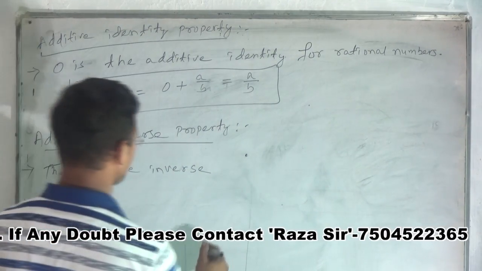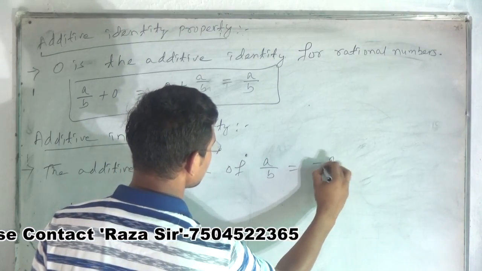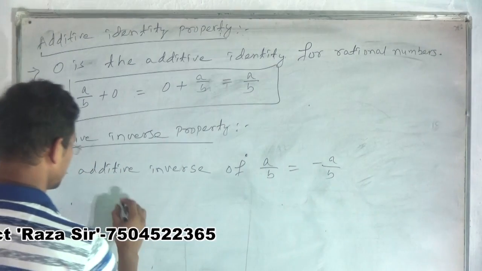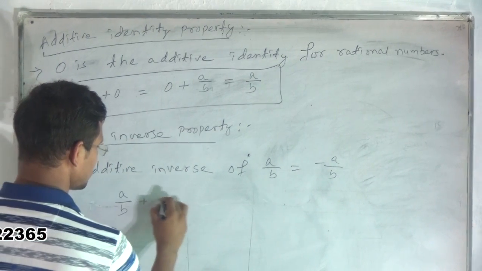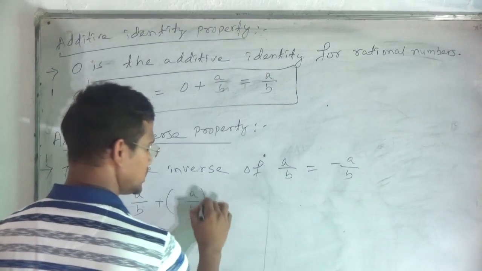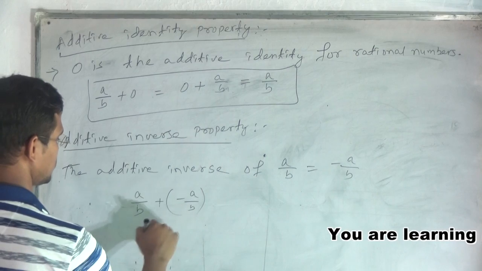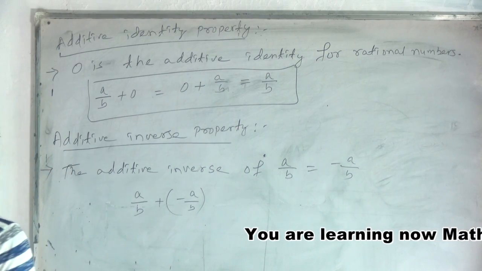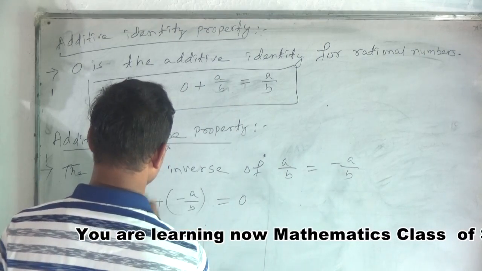The additive inverse of A by B is equal to minus A by B. That means A by B plus minus A by B is equal to 0.